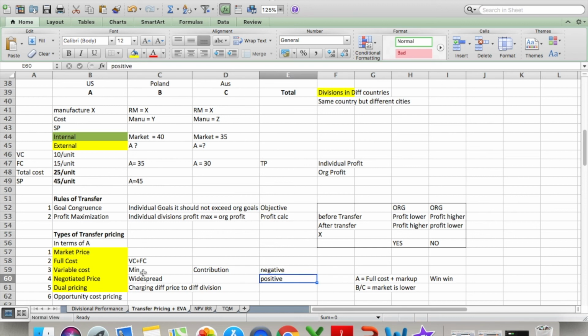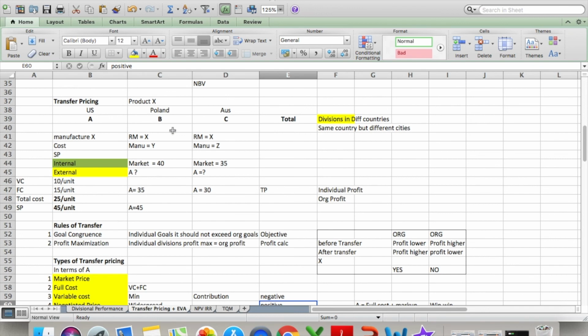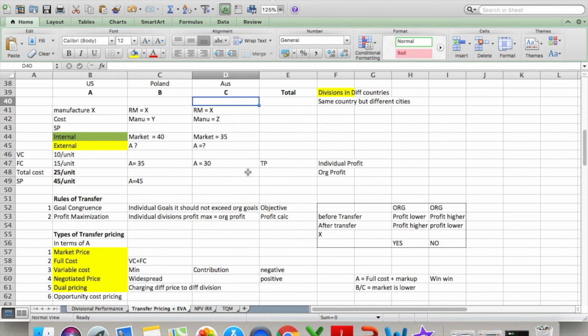So A will only sell it to other divisions if it has a positive contribution, and this is only the case where A creates a rare product that B and C cannot find in their markets, and A has to sell it to B and C at variable cost so that B and C do not have to pay a higher price for a unique product, so that it remains within the organization and the profit remains within, right?